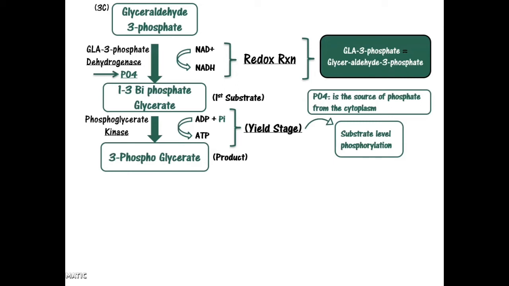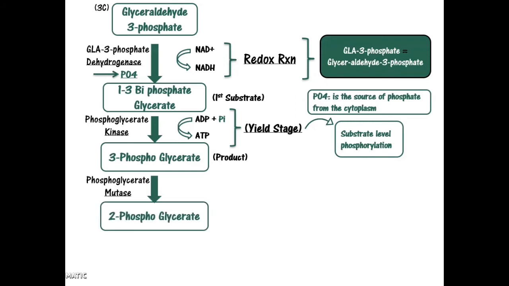Then this 3-phosphoglycerate will be converted by phosphoglycerate mutase into 2-phosphoglycerate. So mutase means mutate the position of the phosphate group from carbon number 3 to carbon number 2. This mutation of phosphate position is needed because 2-phosphoglycerate will help in the synthesis of phosphoenolpyruvate.